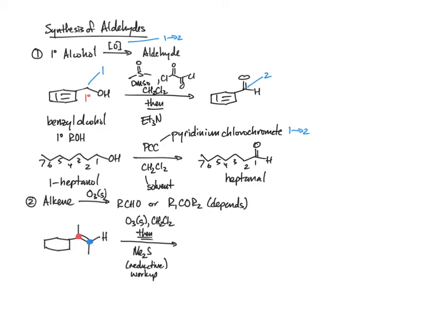And so what the ozone gas is going to do, and I'll draw that with a dotted green line, it's going to cleave that C=C pi bond, and then basically each sp2 hybridized carbon is going to get an oxygen to become a carbonyl.